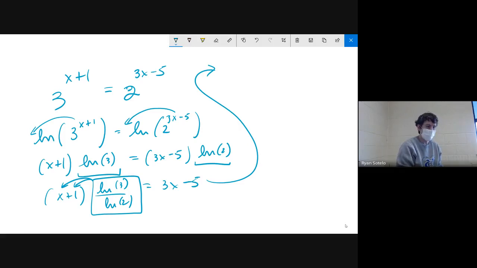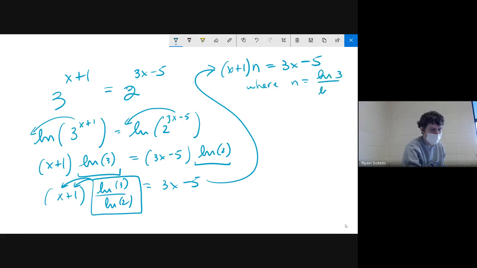Right now, I'm going to call it the number n. So I'm going to write n(x + 1) = 3x - 5, where n is equal to natural log of 3 over natural log of 2, which is approximately 1.585.